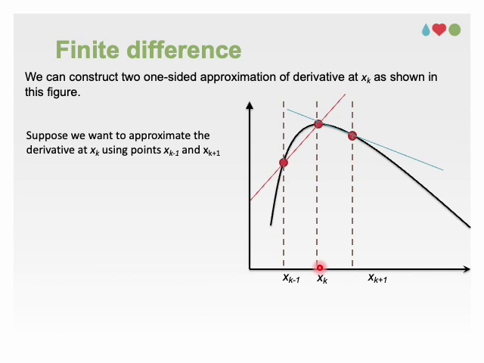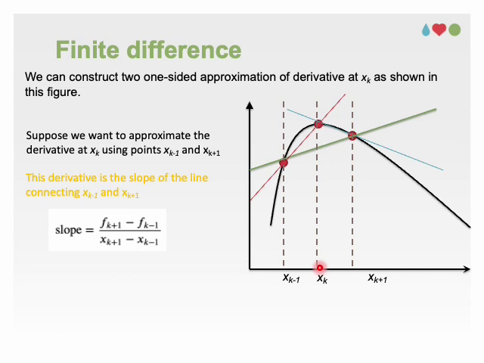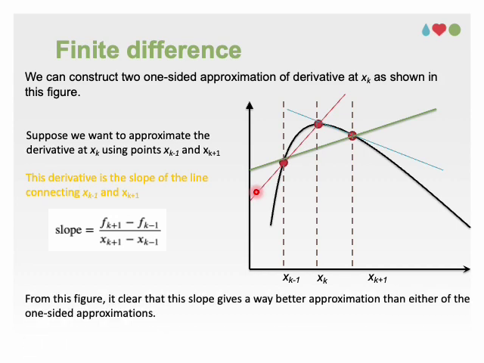The slope of a line connecting these 2 points naturally provides another approximation for the derivative at xk. It is clear that for this given function curve, this slope provides a better approximation than the two other one-sided slopes. The central slope is in fact the average of the two one-sided approximations, as shown in this formula.